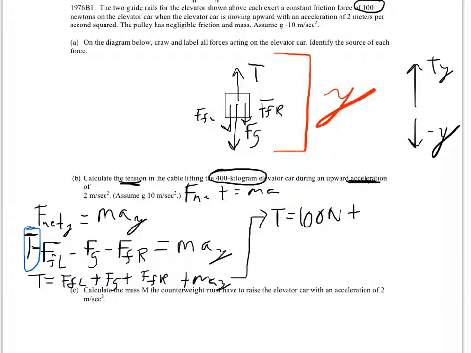T equals negative mass times acceleration in y plus mg. Okay. I need to find mass, so I have to get it by itself. So let's factor out the mass here. Mass times negative ay plus g is equal to T. Now I'll divide by negative ay plus g on both sides.